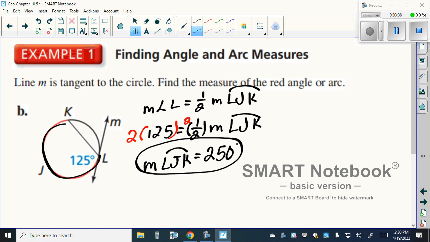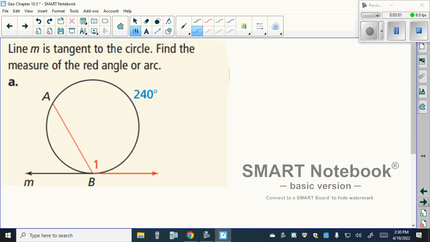Possibly. So if we're given the angle, we can multiply it by 2 to get to the arc, or if we're given the arc, we can divide it by 2 to get back to the angle. So any questions on this here? So this one here, are we given the arc or the angle? Arc. So to get back to the angle, we need to do what?